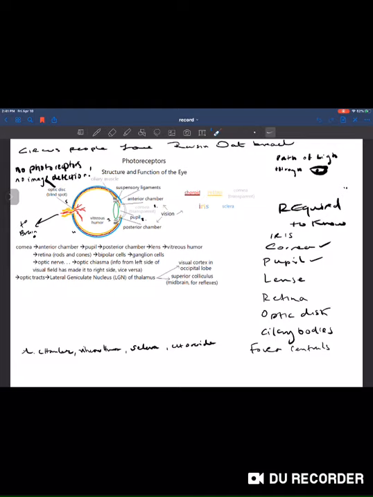Now, the terms that you do need to know include these listed here. And we're going to go through them. Now, I have a nonsensical mnemonic that I'll touch at the end of this discussion. And one of the questions that are very likely to show up on the MCAT include the path of light through the eye.